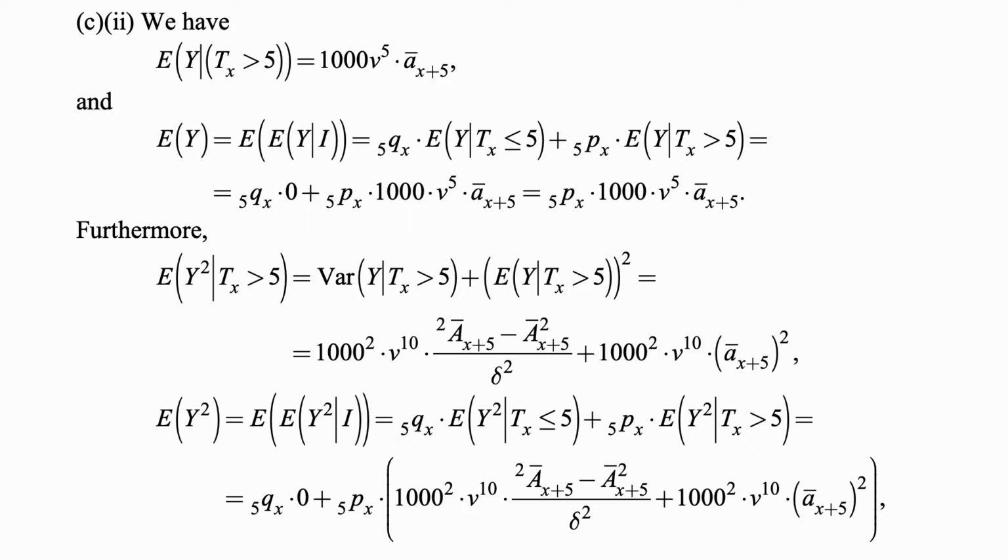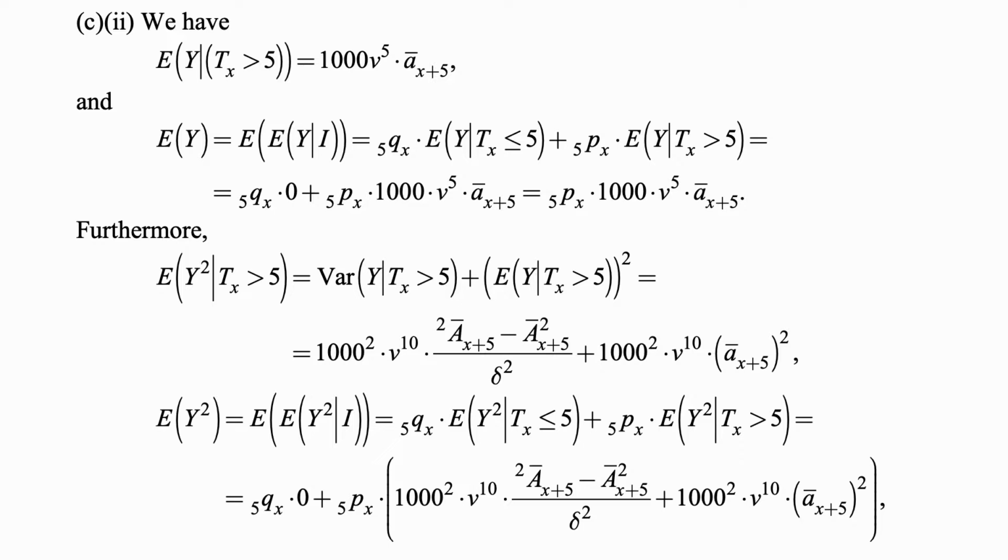And the expected value of 0, of paying nothing, is 0, so this is 5q_x times 0 plus 5p_x times 1000 times v to the fifth times ā_{x+5}, and the whole expression becomes 5p_x times 1000 times v to the fifth times ā_{x+5}.